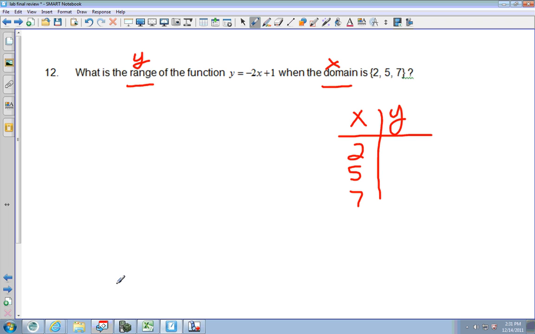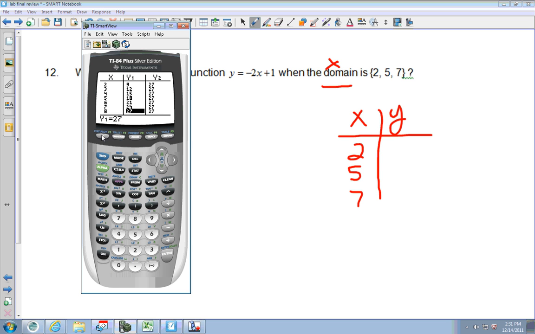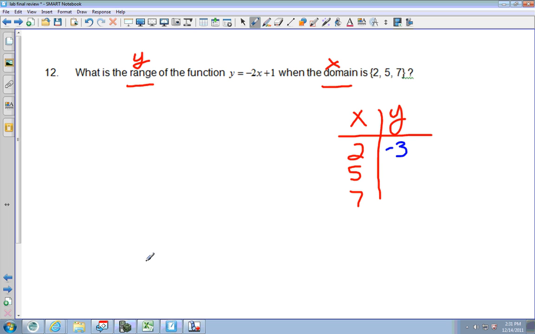Now let's go in the calculator and go to y equals and put in there negative 2x plus 1. And I'm going to press second graph. Let's look and see where x is 2. Where x is 2, y is negative 3. So my range would be negative 3.